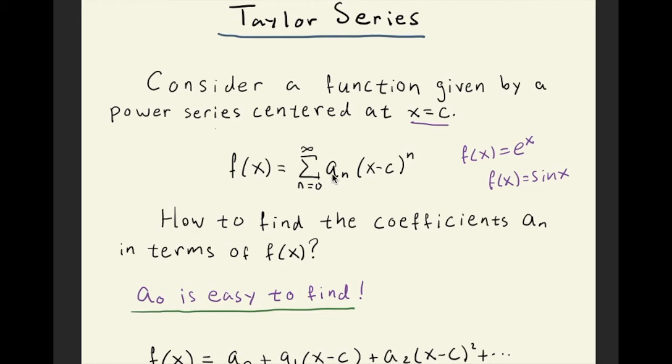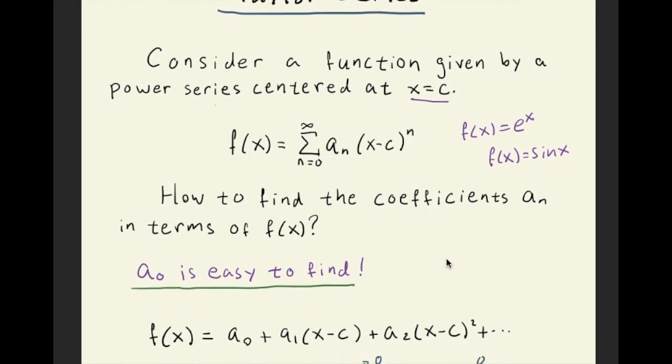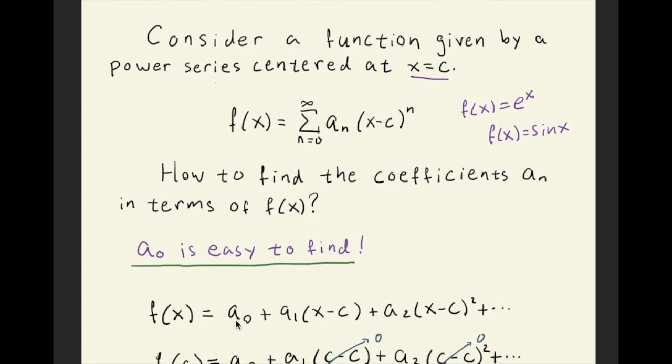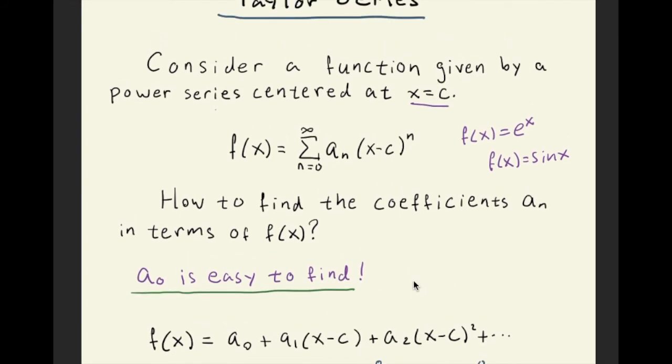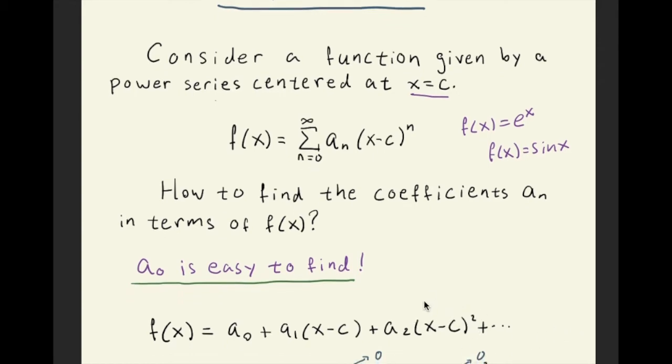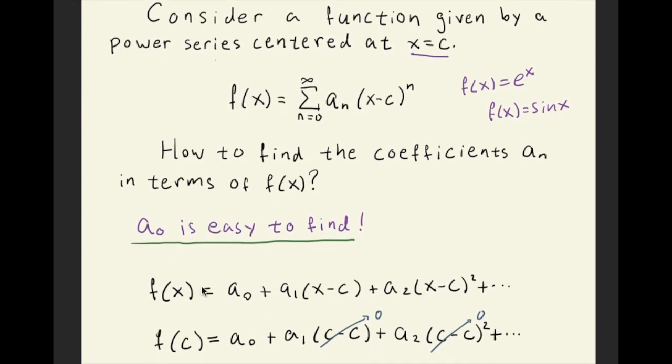So the a0 coefficient, the constant term, is very easy to find. Okay, so you write f of x as your power series, right? So from this formula here, a0 plus a1 times x minus c plus a2 times x minus c squared, right? It goes on to infinity. And what you do is you can plug in x equals c into this equation.